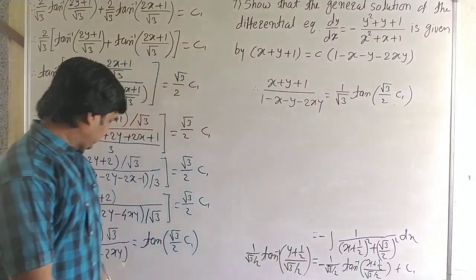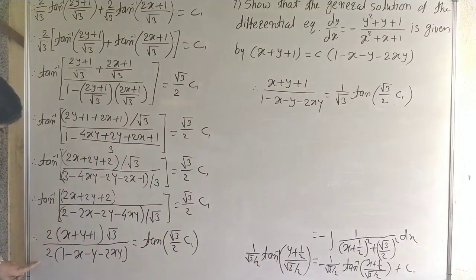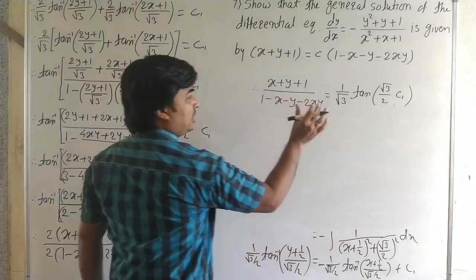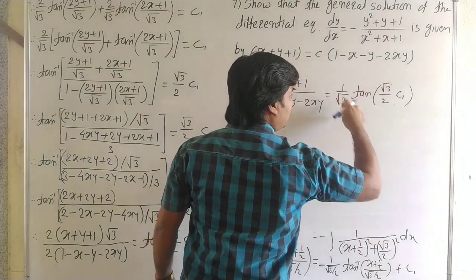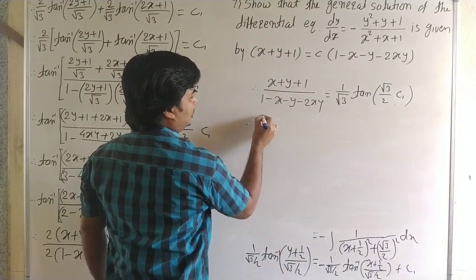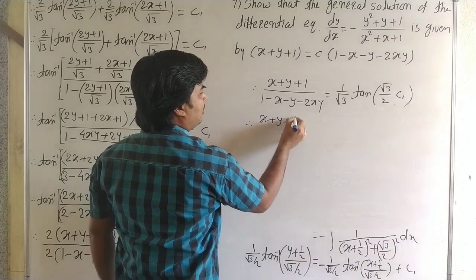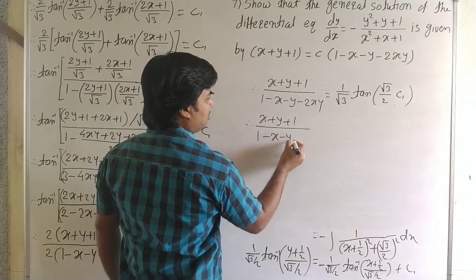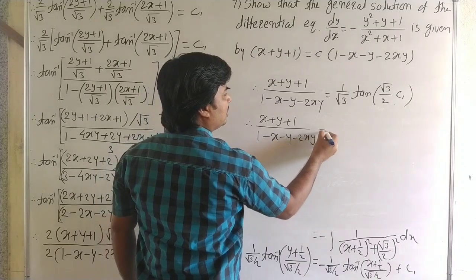See carefully this. We can write only 2 to get cancelled, and this root 3 we write in the RHS. And now see carefully, this RHS is a complete constant, so we take this c. Then x plus y plus 1 upon 1 minus x minus y minus 2xy is equal to c.